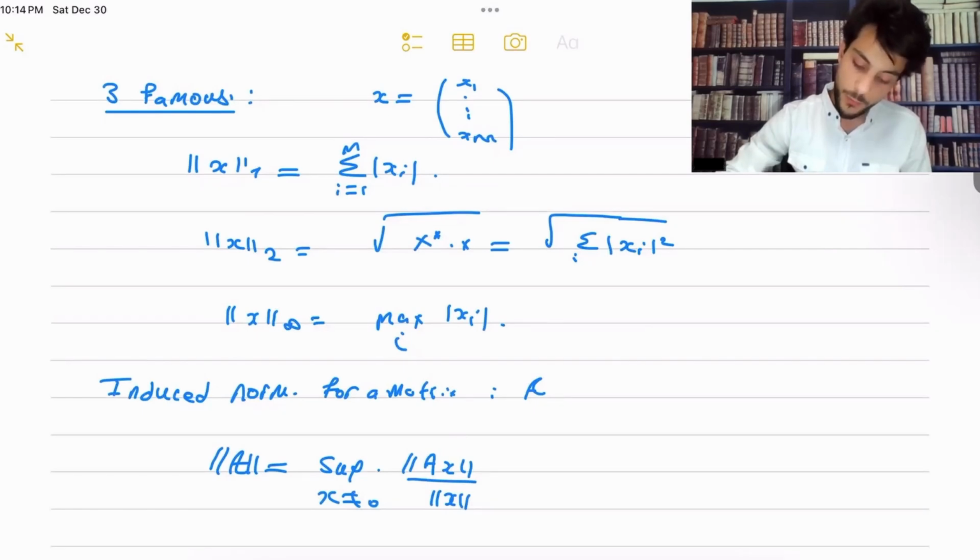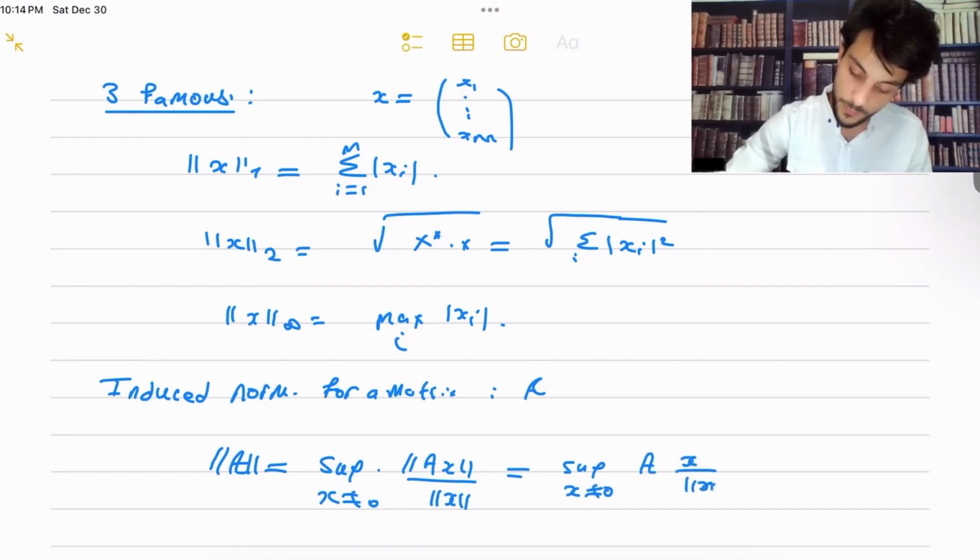Now, if we use homogeneity of this norm, we can actually bring this constant, the norm of x, inside the norm, and we get something like this, which is another way of defining the same norm.